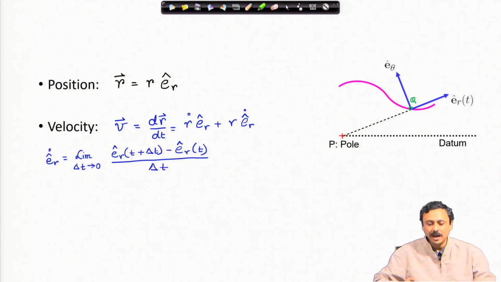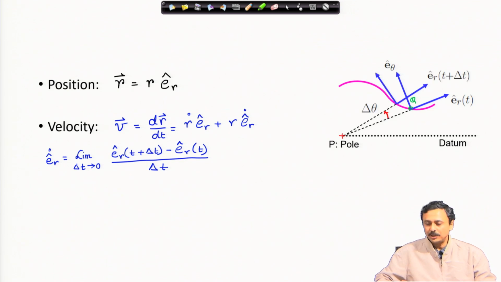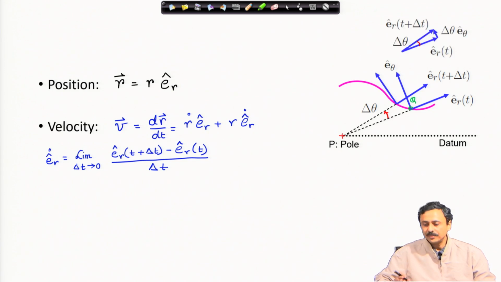Now, how to find out Er dot? Again, we do the same thing as we did for the tangent normal coordinates, Er at t plus delta t minus Er at t divided by delta t, limit delta t tends to 0. So, we look at Er cap vector at 2 time instants, compare them, remember they are unit vectors. So, magnitude will not change, only the direction changes. And how much will the direction change? Exactly delta theta that I have shown here.